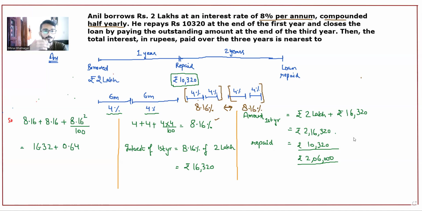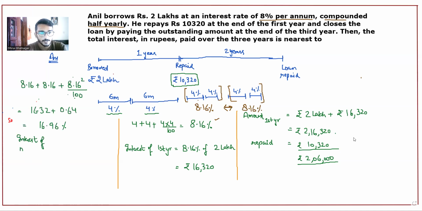Because the options are very far away. If the options are very far away, you can use this approximation. It won't affect much. So it is roughly 16.96%. So interest over the next 2 years will be 16.96% applied over the principal of 2,06,000.